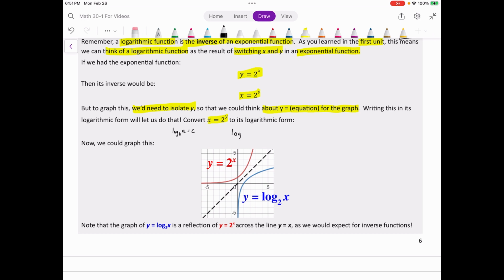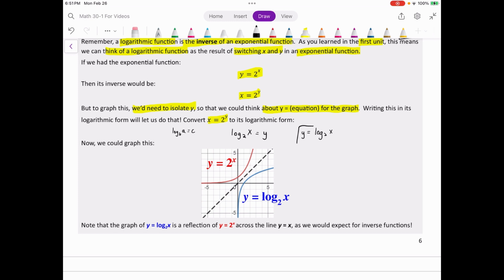So log base 2 of something equals y. Look what we're saying: 2 to the power of y equals x. And there we go. This is a function now where we've got our output, y is equal to log base 2 of x.